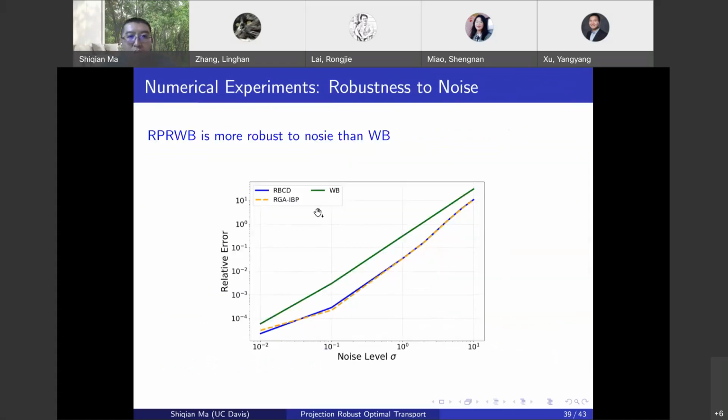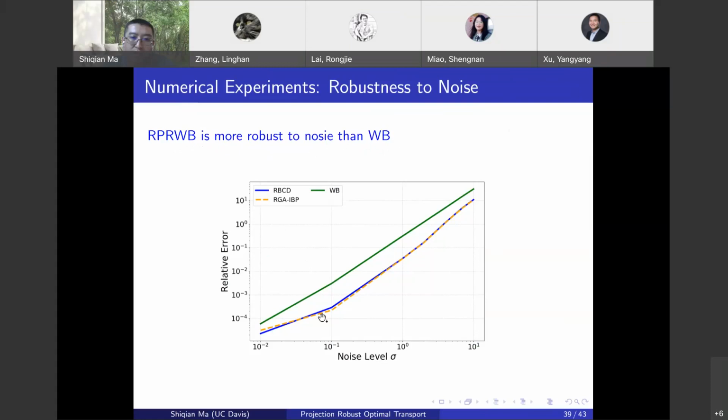Okay. So again, this paper actually shows similar results as the previous study. We want to show that our proposed relaxed projection robust Wasserstein Barycenter model is more robust to the noise than the original Wasserstein Barycenter.